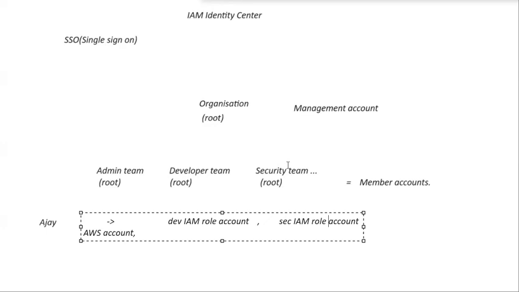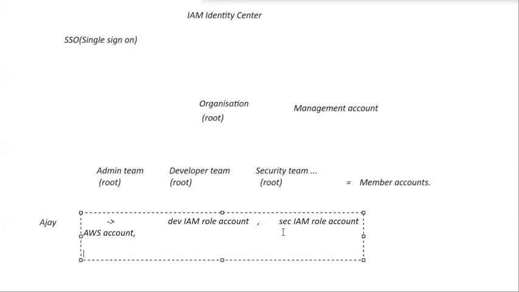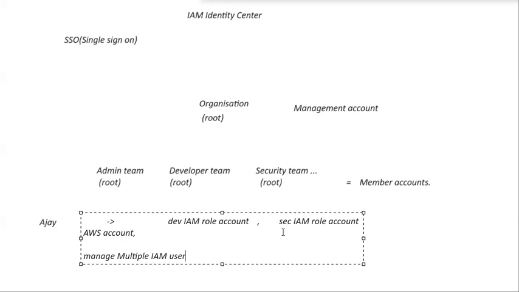How does all this happen? That is nothing but by using IAM Identity Center. When do we use IAM Identity Center, sir? We use IAM Identity Center to manage multiple IAM user access.